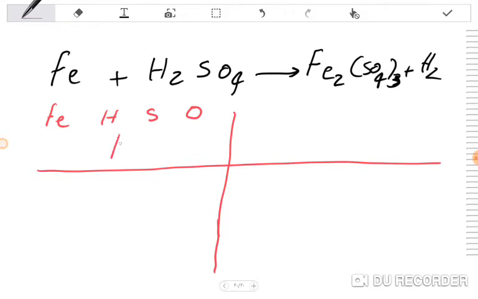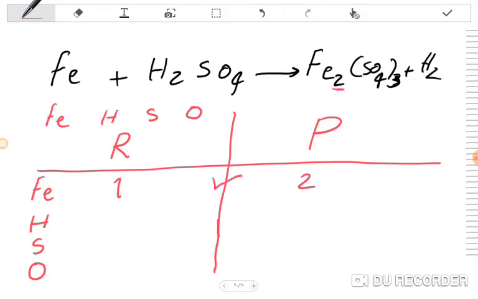We write here R for reactants and P for products. Fe, H, S, and O. The number of atoms of iron on the left side is 1, on the right side is 2.